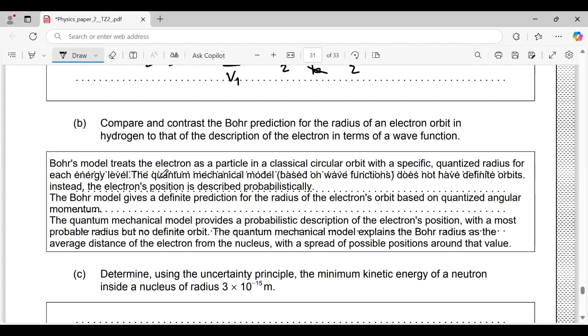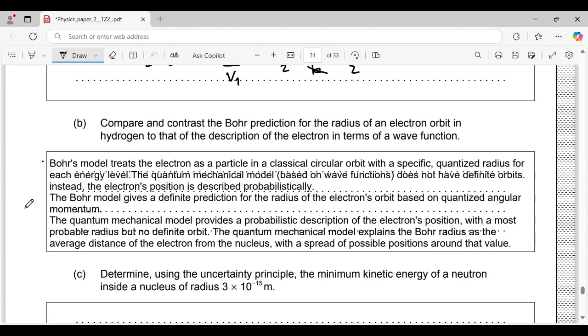Bohr's model treats the electron as a particle in a classical circular orbit with a specific quantized radius for its energy level. The quantum mechanical model based on wave functions does not have definite orbits. Instead, the electron's position is described probabilistically.